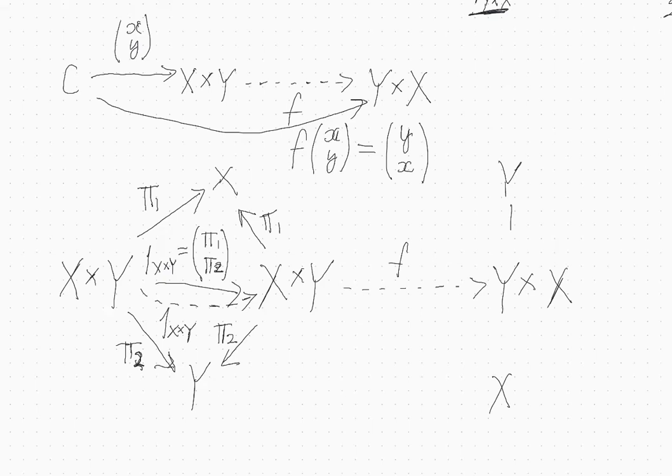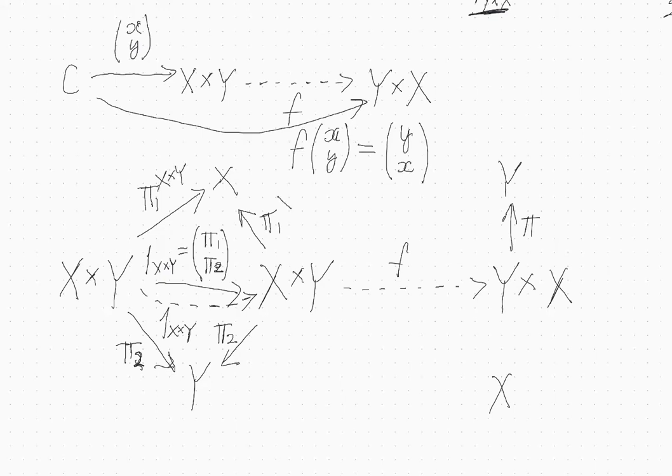Okay, so now let's make sure we don't get confused between pi for the Cartesian product x y and pi for the Cartesian product y x. So let me write as a superscript to pi which product we are working with, just for now, since later on one drops the superscript, just for simplicity of notation. So this is the pi1 for x cross y, so we're going to draw that in everywhere.